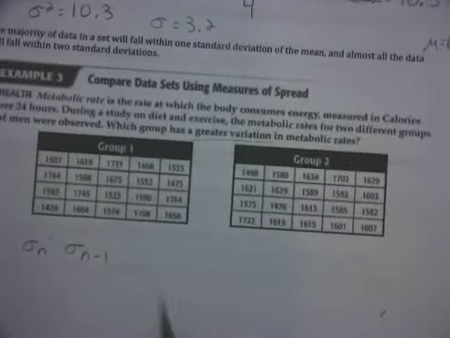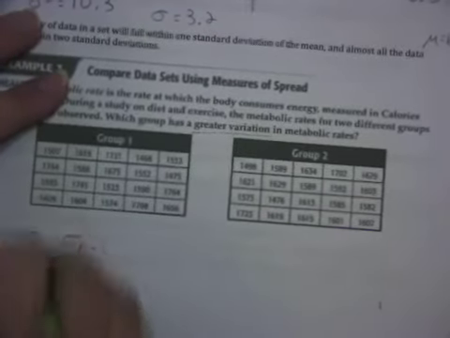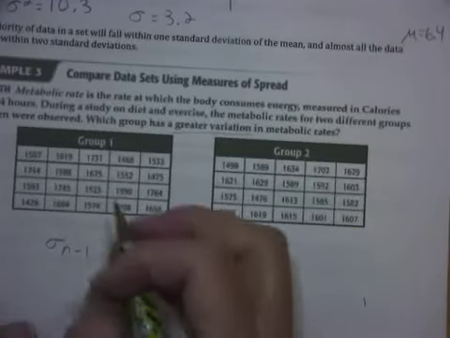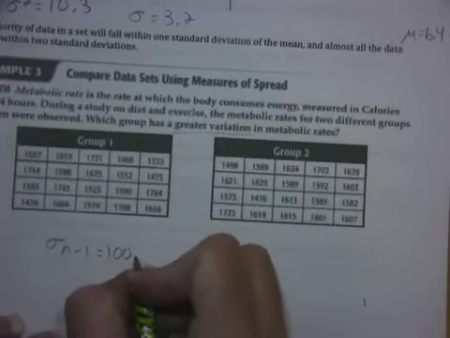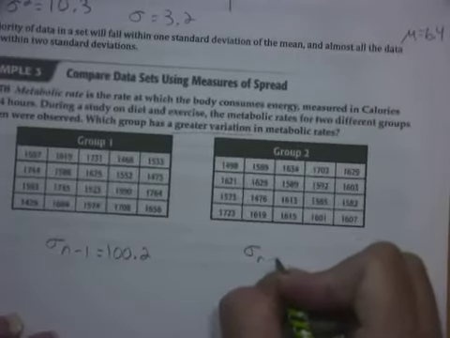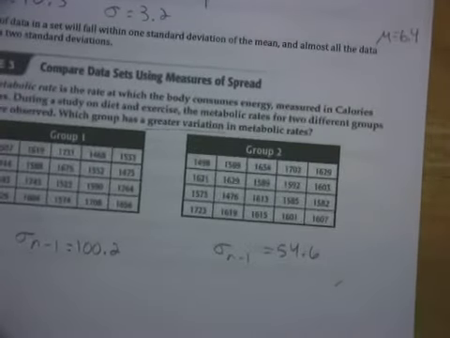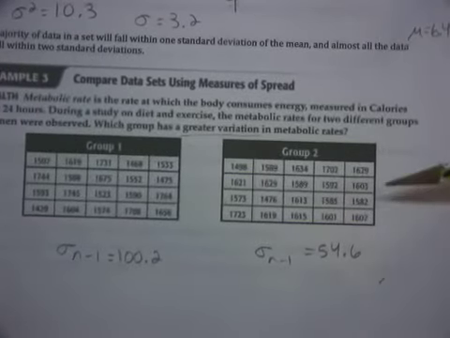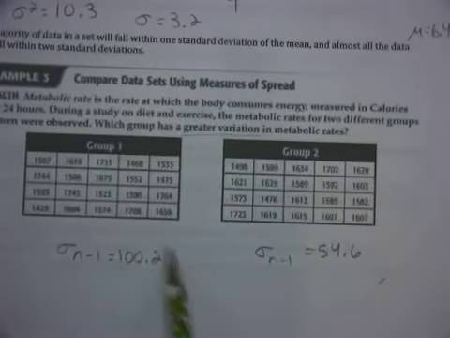So I want to make sure that when I'm typing all this data into my calculator, I'm considering it as a sample. So after all my calculating is done, I find that this group has a greater variation in metabolic rates.